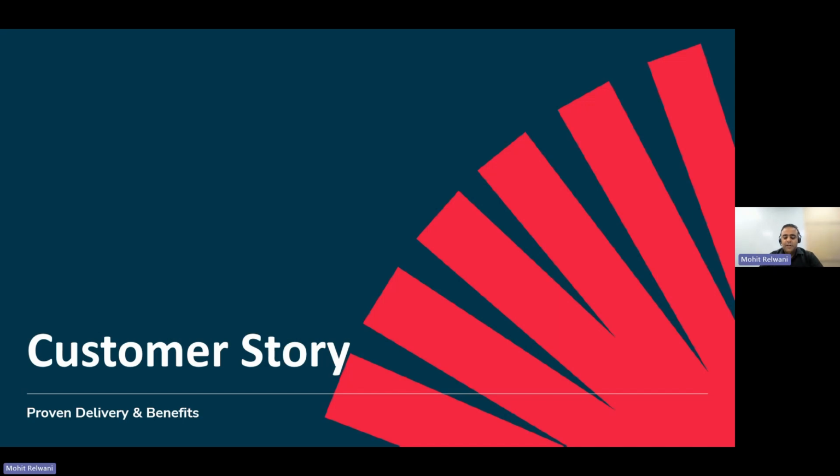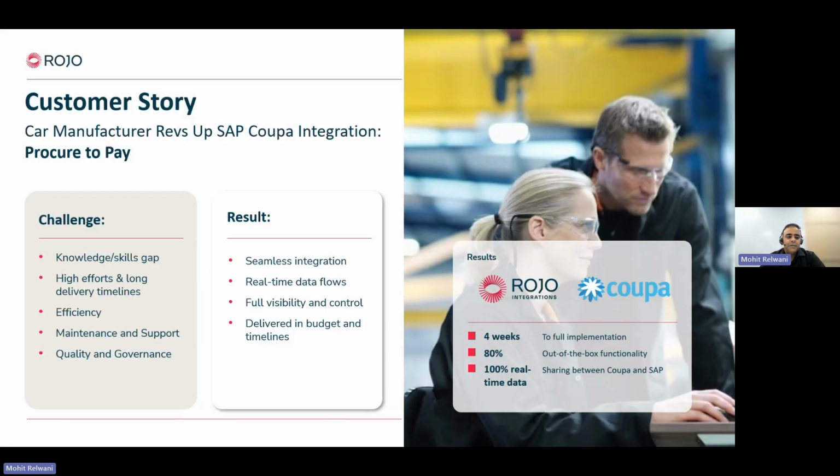Similar to this, we have past experience with one of our customers from a car manufacturing background, where the customer onboarded Coupa and wanted to adopt our package for procure to pay.